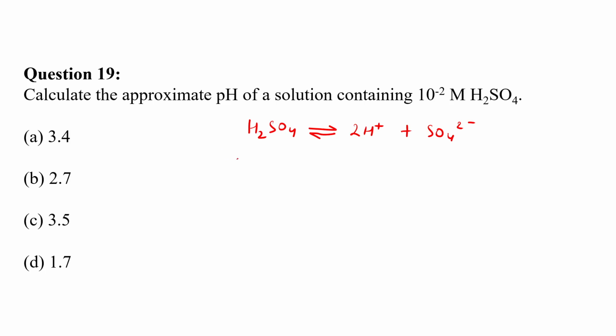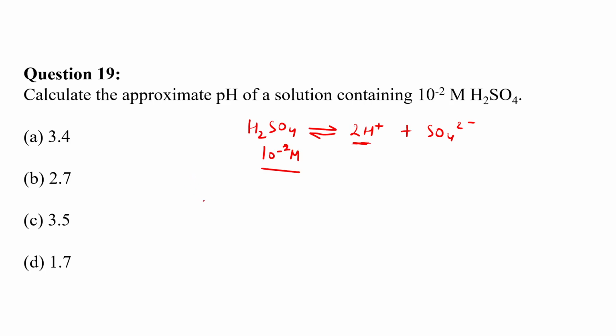Now the concentration of H2SO4 is given as 10 raised to the power minus 2 molar. If you see, 1 mole of H2SO4 is giving 2 moles of H plus ions. So whatever the concentration of H2SO4 will be, the concentration of H plus ion will be double.